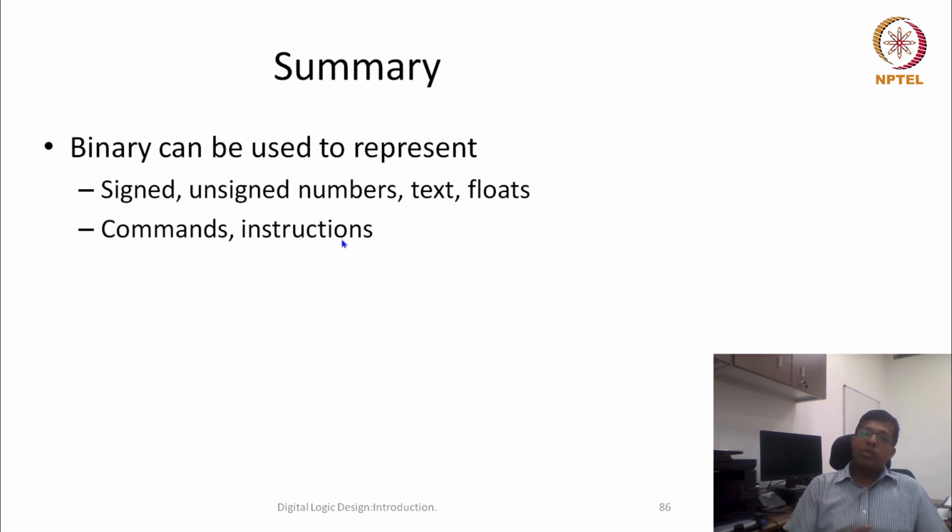At a higher level of abstraction, you can also see that these zeros and ones can be used to represent applications. So if you say Microsoft Word, what is it? It's an application written in binary form, 0-1 form.